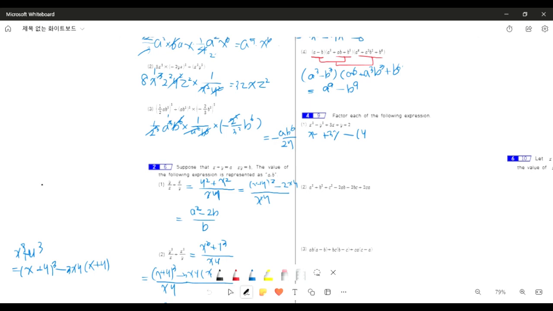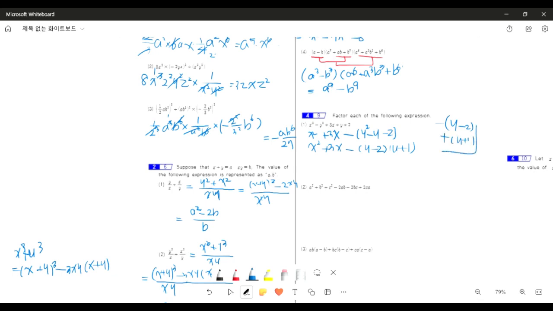Y minus y squared minus y minus 2. So we can factor this second quadratic equation. Then x cubed plus 3x minus y minus 2, y plus 1. Then y minus 2, minus y plus 1.